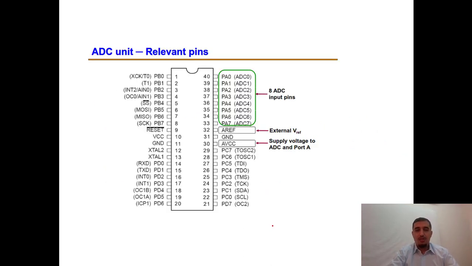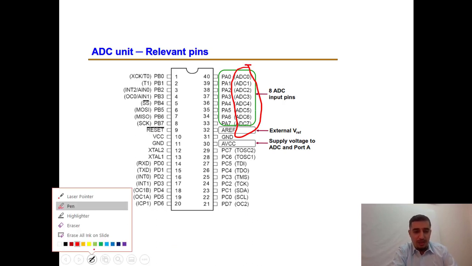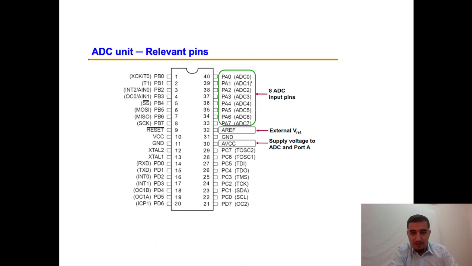Now, when I said 8 input channels, it is because it is connected to port A, and you can see here that port A is basically 8 bits, and we have ADC0, ADC1, ADC2, ADC3, ADC4, ADC5, ADC6, and ADC7.